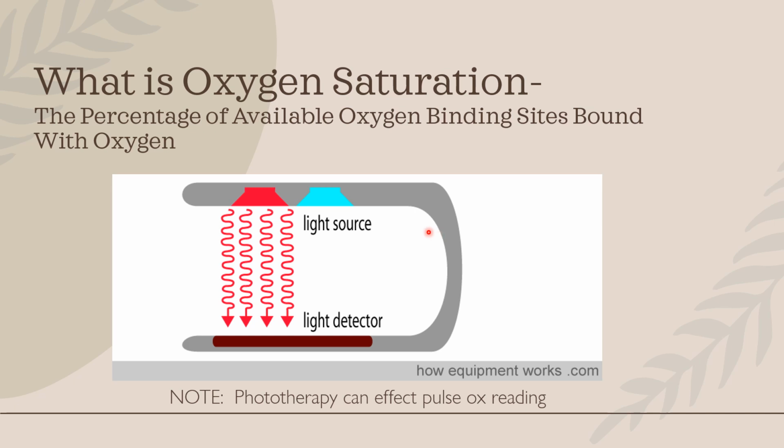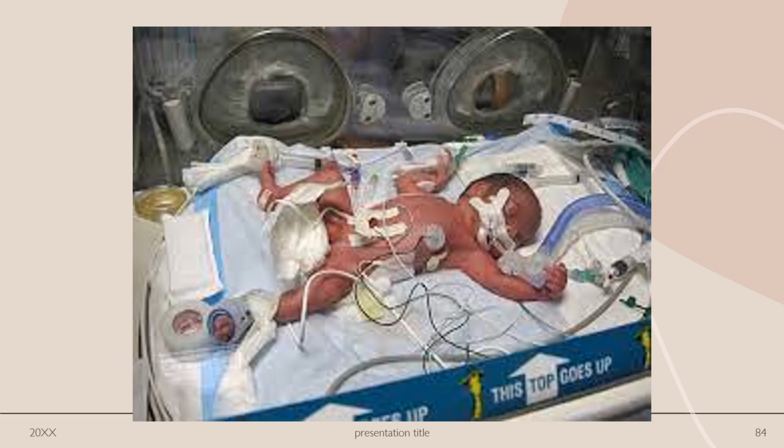In order for it to pick up accurately, they need to be across from one another. I know that seems simple, but there have been enough times that I've seen it misplaced. Just know that phototherapy can affect your pulse ox reading, so you might have to cover it with a little towel or something like that.